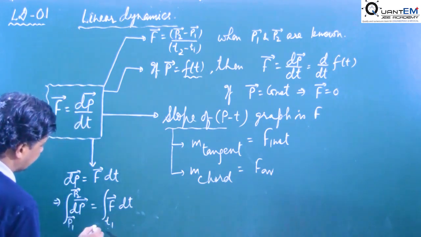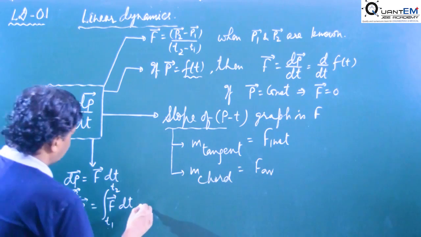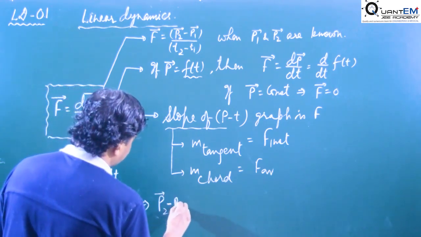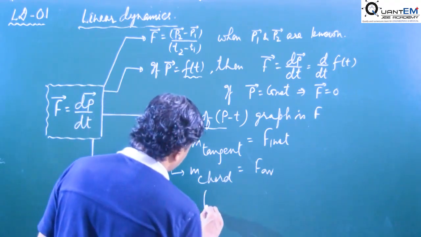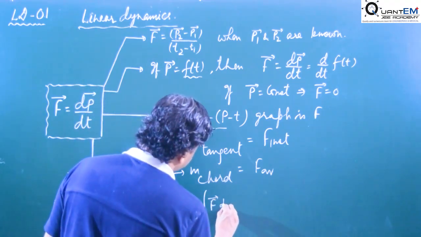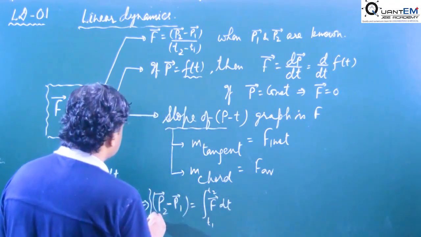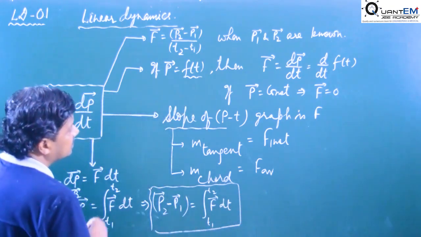At time t1 momentum we have p1 and at time t2 momentum we have p2. So what we get, the change in momentum p2 minus p1 is equal to the integration of F dt from t1 to t2.